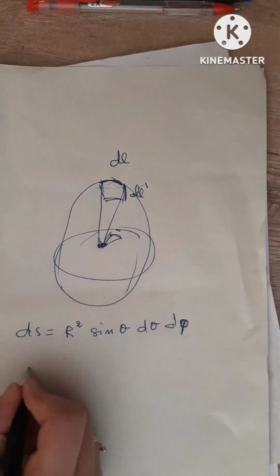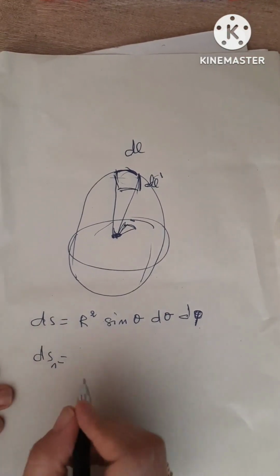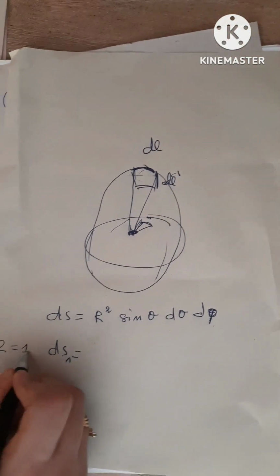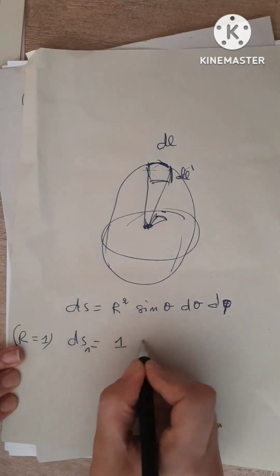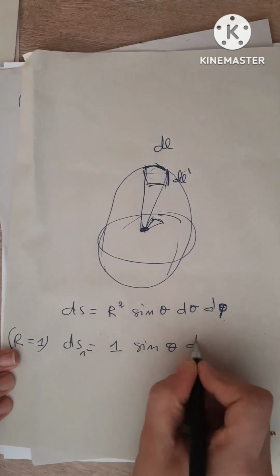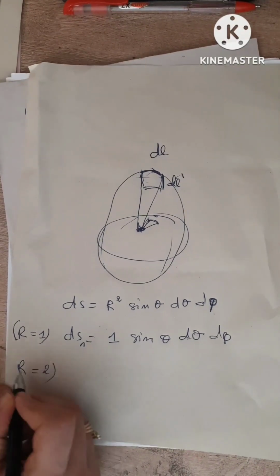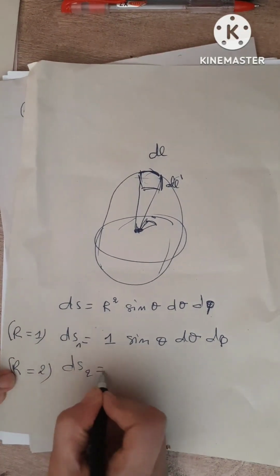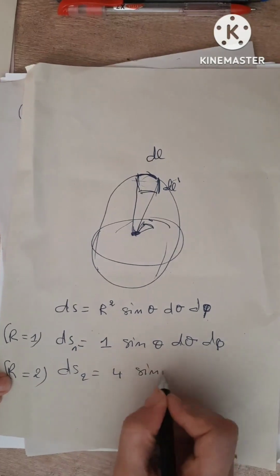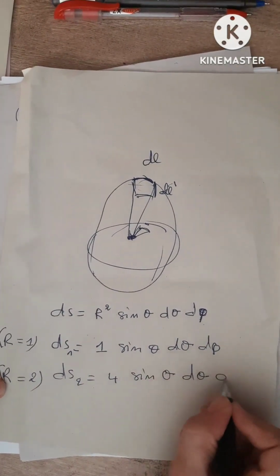At dS1, r equals 1, so it is 1 sine theta d theta d phi. And when r equals 2, dS2 is 4 sine theta d theta d phi.